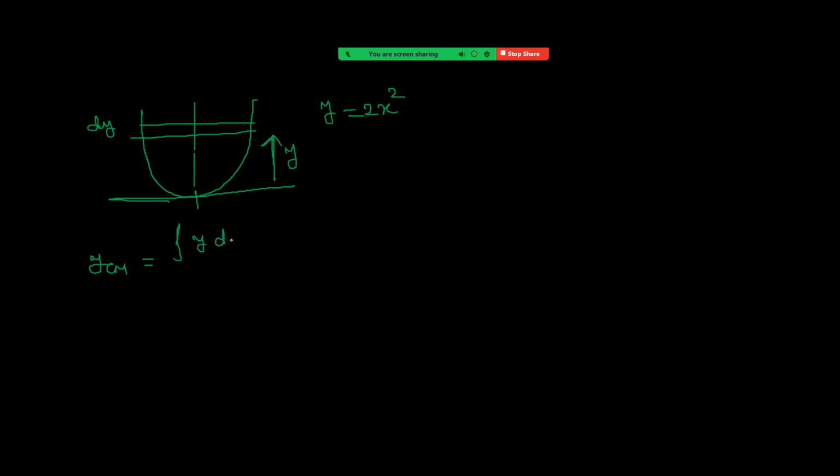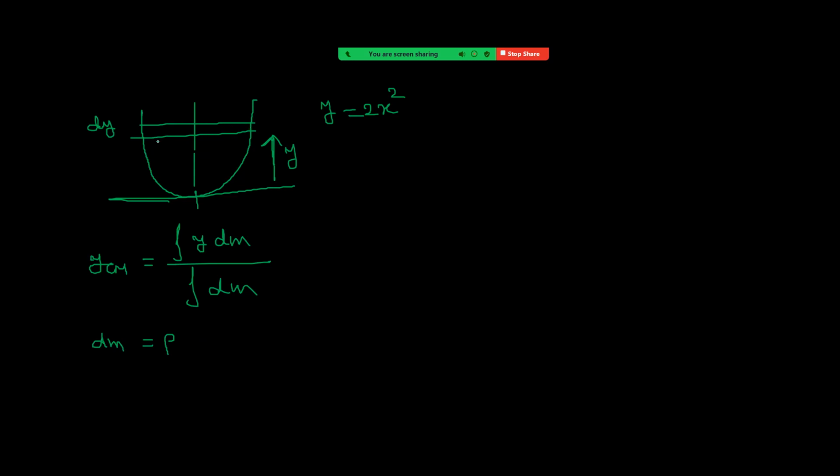Integration of y dm upon integration of dm. So y means y only, but focus now on dm. How do we get dm? Here mass is in the entire volume, so we have to take mass per unit volume, so rho into the corresponding volume.